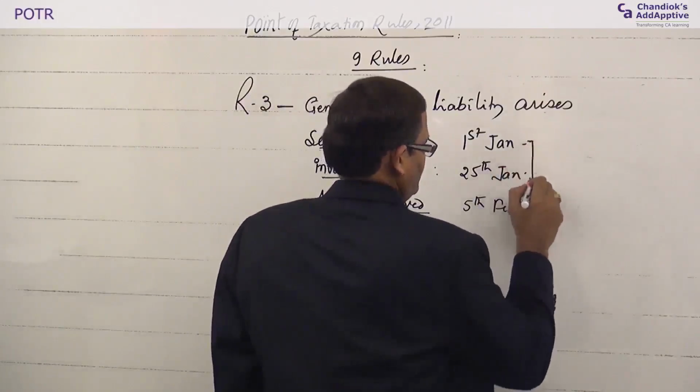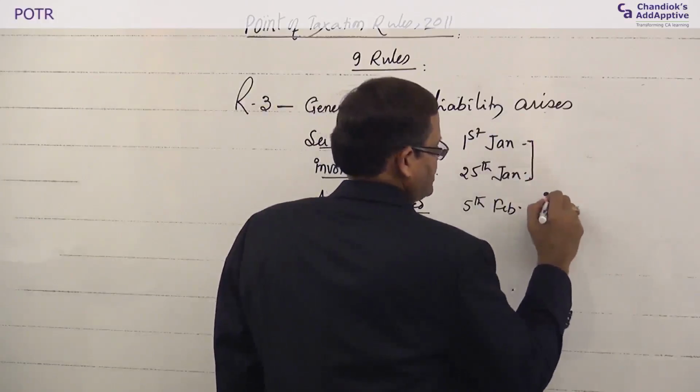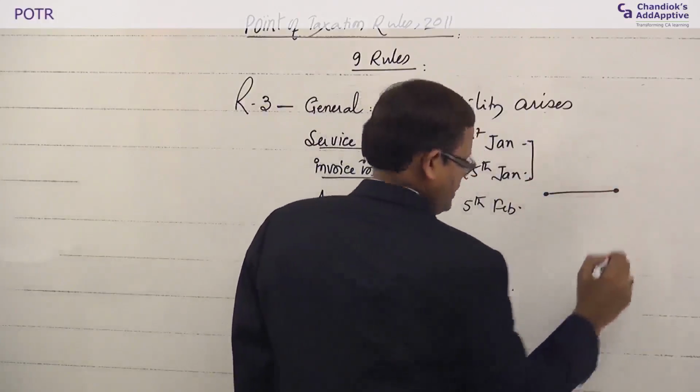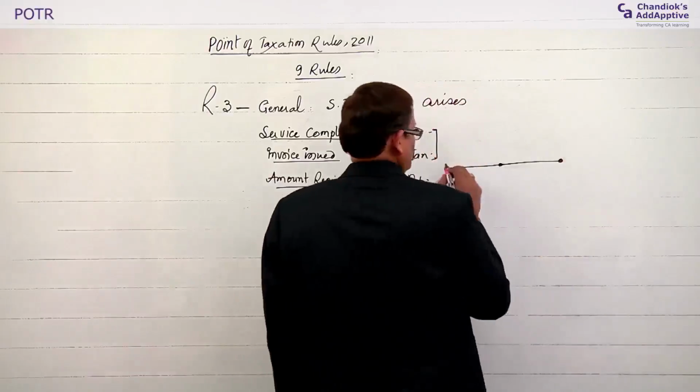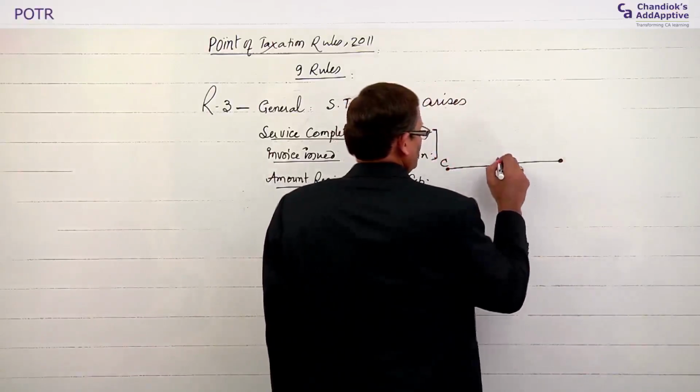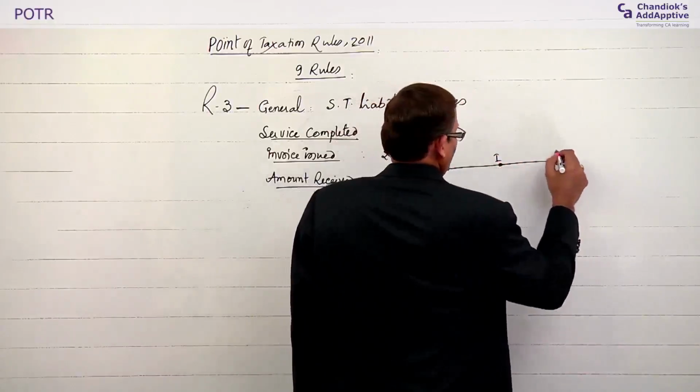This is very important. All three events are in sequence: date of completion, date of issue of invoice, and date of payment.